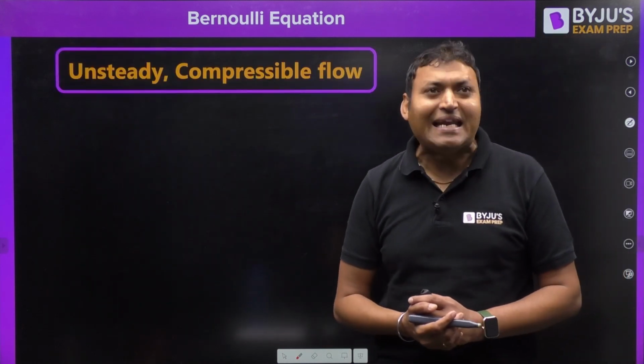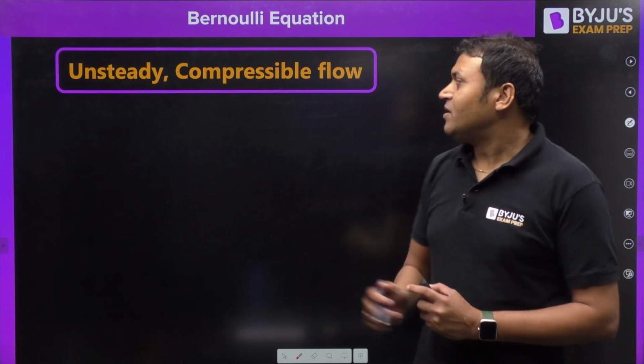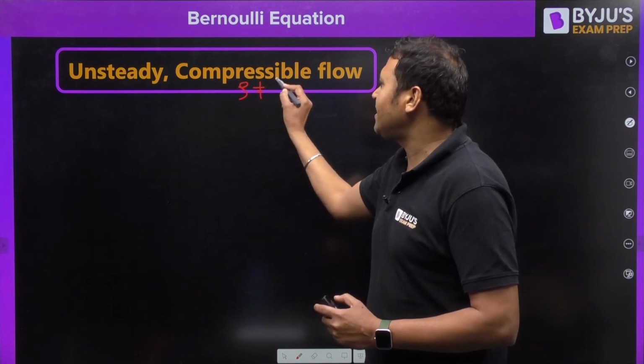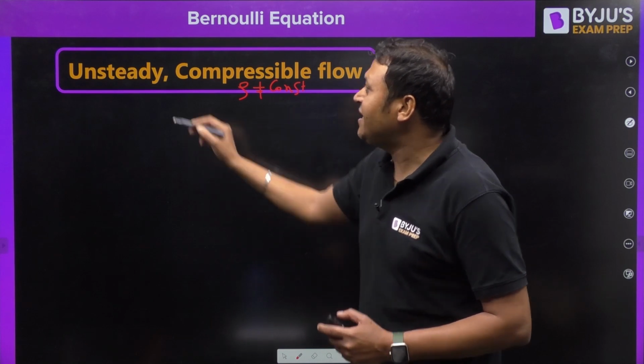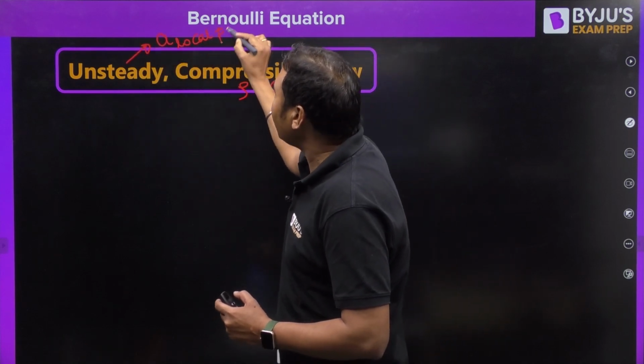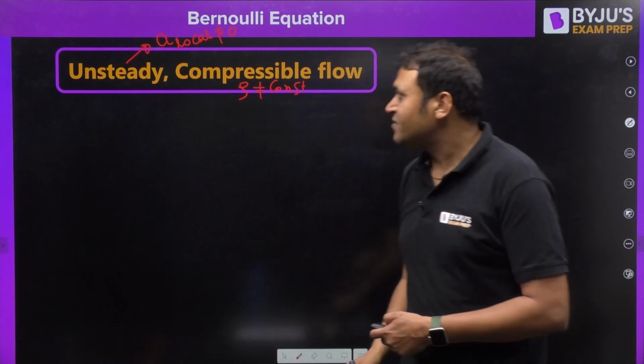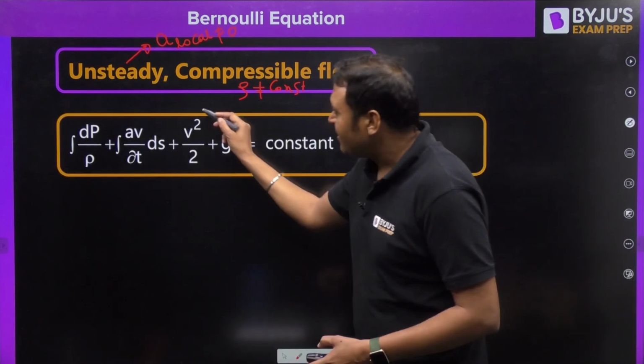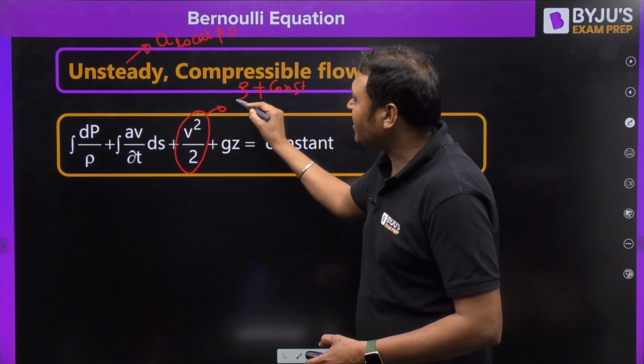the flow is unsteady and compressible, rho is not constant. And if the flow is unsteady, it means local acceleration will also come into the picture. Other than the convective acceleration, local acceleration will also be there. This expression represents the convective acceleration.